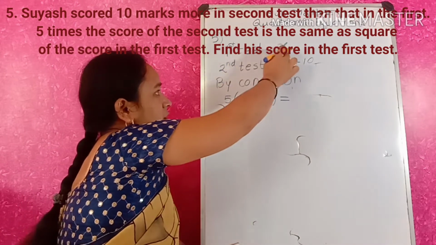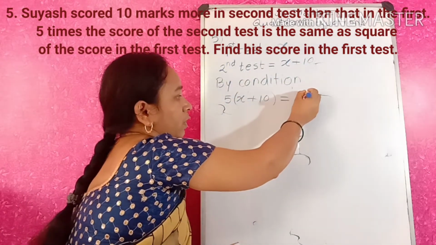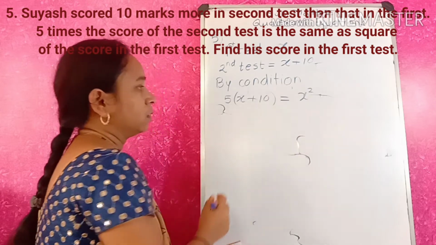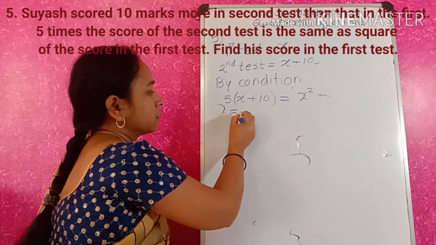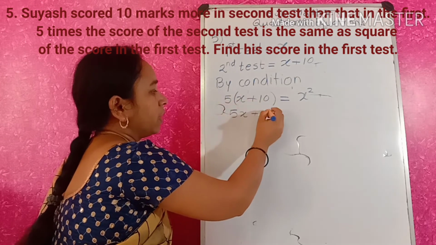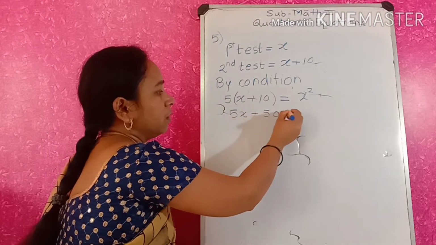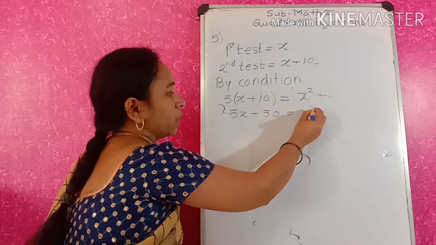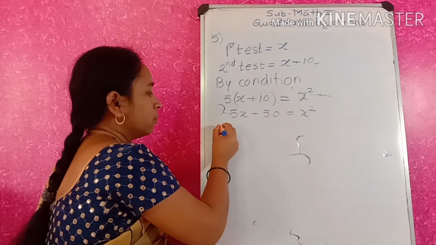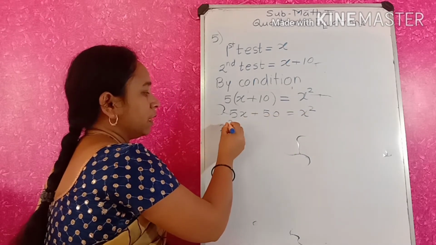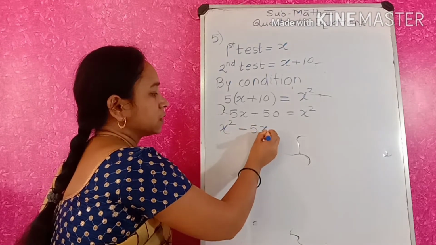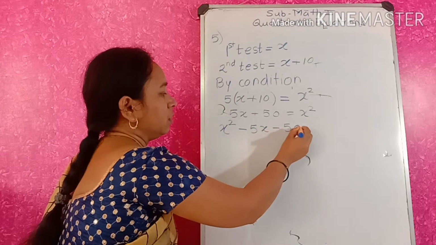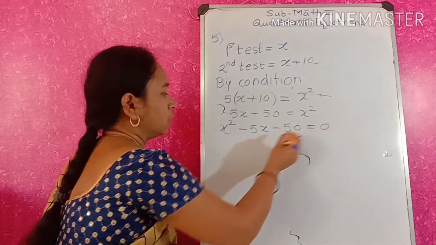What is the first test marks? X, and square of it is equal to X square. So how to solve it? Multiply: 5x plus 5 tens are 50 is equal to X square. Arrange it. You will get X square minus 5x minus 50 is equal to 0.